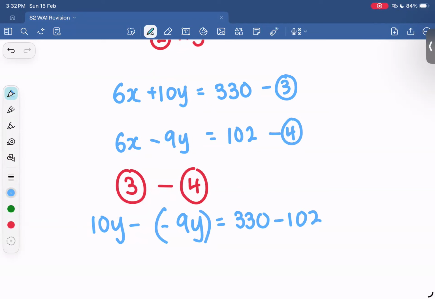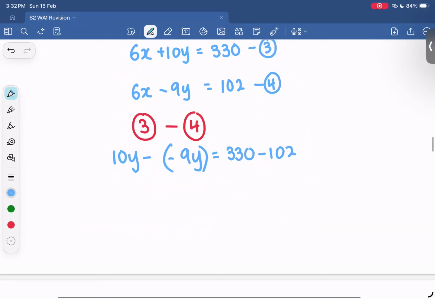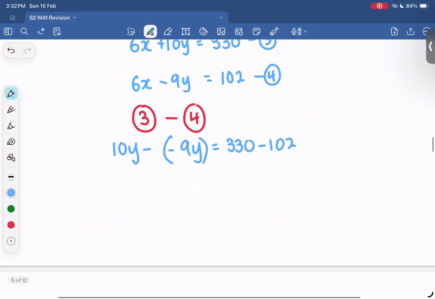From this, I realized I got 10y minus negative 9y, which means I'm taking 10y plus 9y. That will be 19y. And 330 minus 102, that's 228. So what we can do here is we take 228 divided by 19. And then I will get 12.